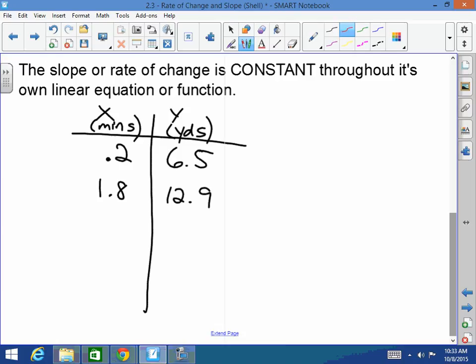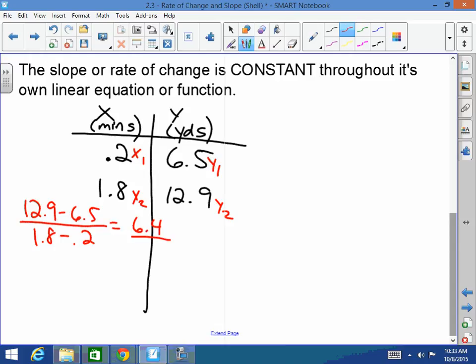So this would be x1, y1, x2, y2, y2 minus y1 over x2 minus x1. This will be 6.4 over 1.6. Wow, and I did not know it was going to work out so beautifully. This is actually pretty awesome. So when you divide this, it comes out to be 4 yards every 1 minute.